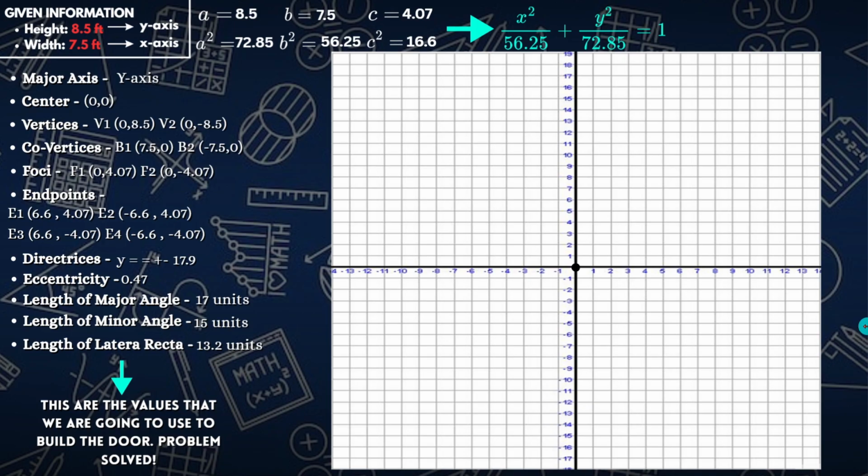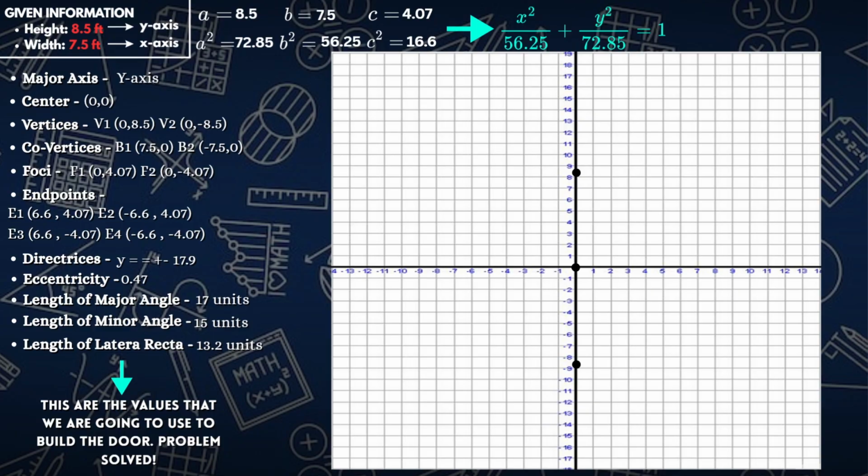For our vertices, we have (0, 8.5) and (0, -8.5). That would be located at the upper portion and the lower portion of the y-axis, and you can see here visually on the screen.